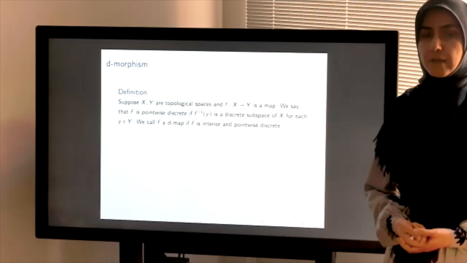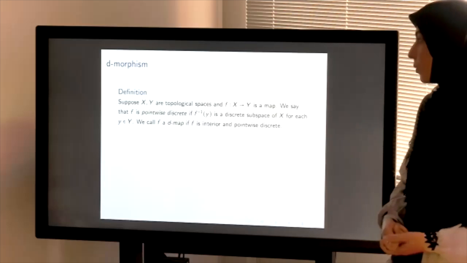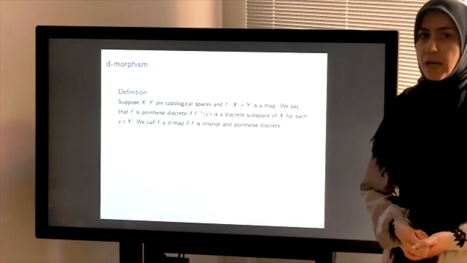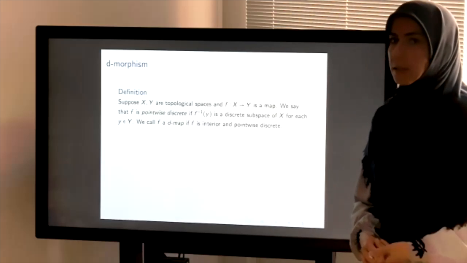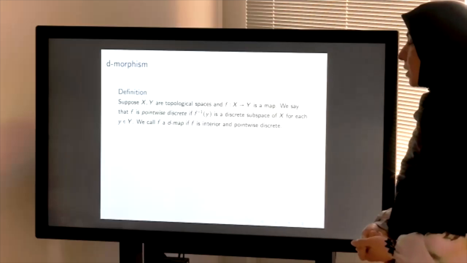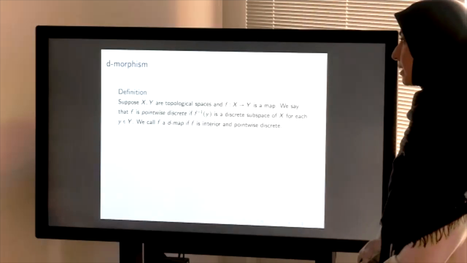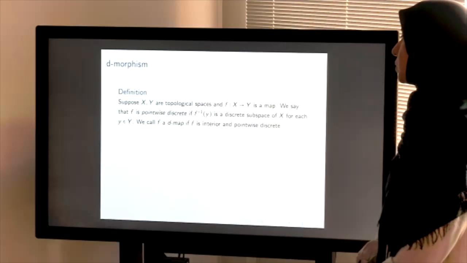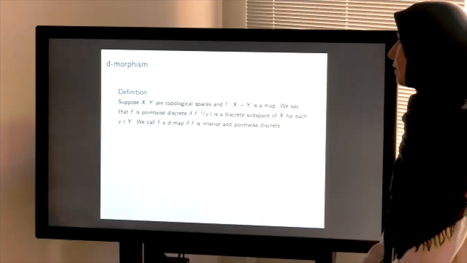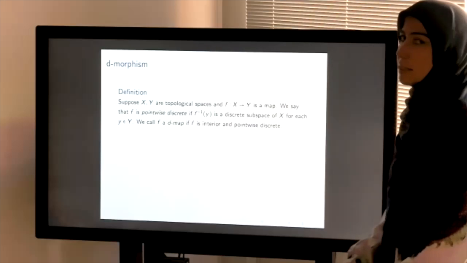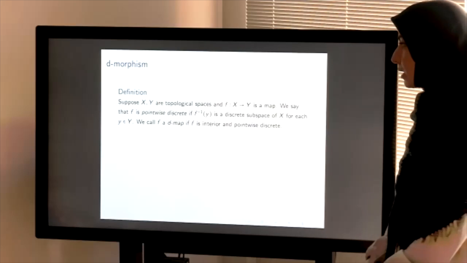Here we can have such a function which we call a d-map, and it is defined as follows: for any topological spaces X and Y, f from X to Y is a d-map if it's an interior map and is pointwise discrete.